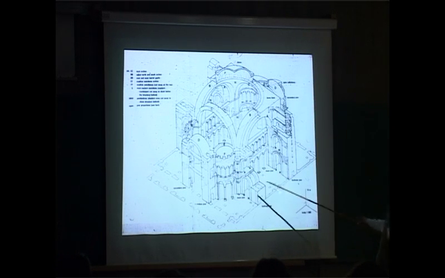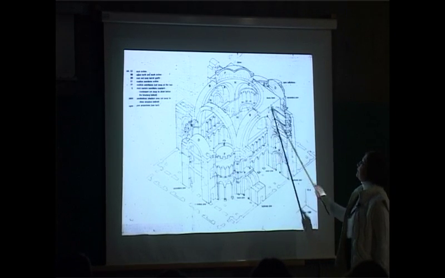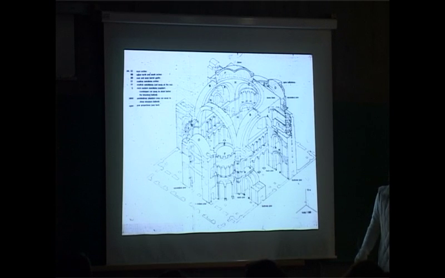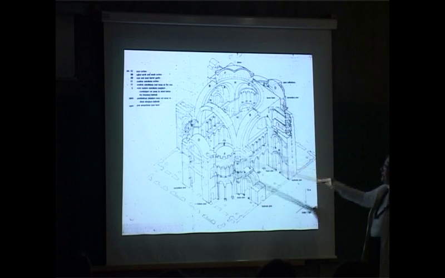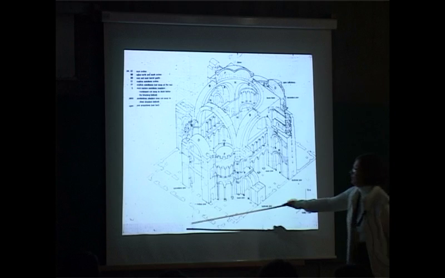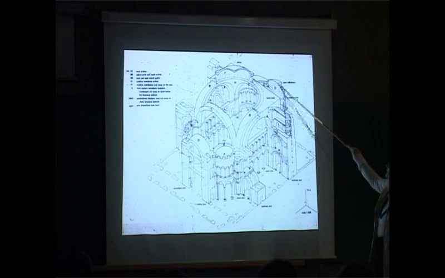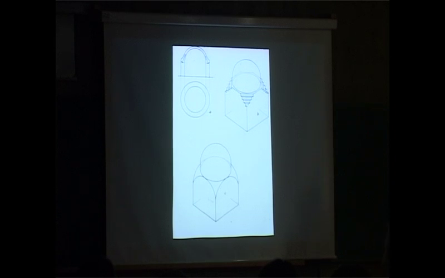So you see the overall system, the arches spanning above the four piers, and then the expansion of the space, creating a domed basilica, which terminates in the apse in a longitudinal procession.